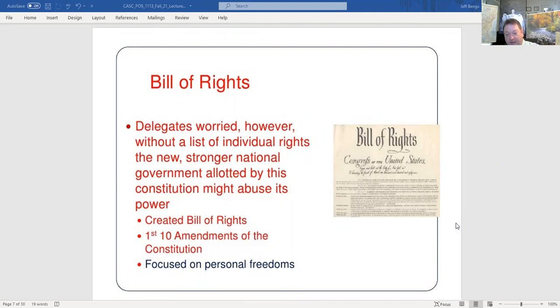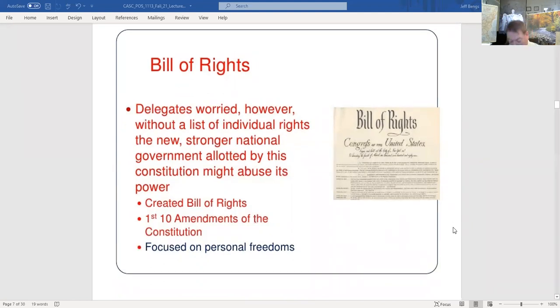These are sometimes called the 10 Amendments to the Constitution, and nowadays they're called the first 10 amendments, since there are now 27 amendments. But these 10 amendments, this Bill of Rights, protected the rights of individuals from a strong national government.